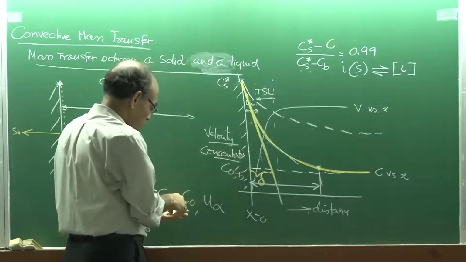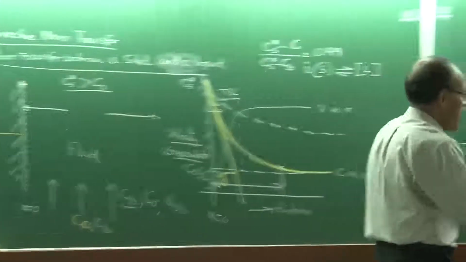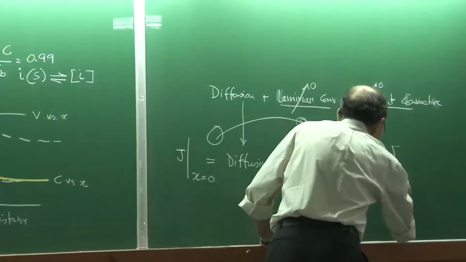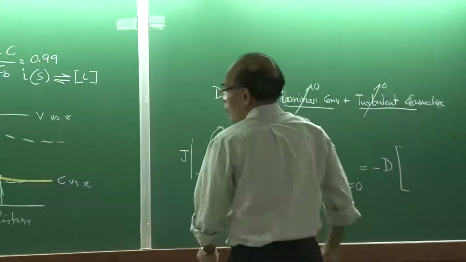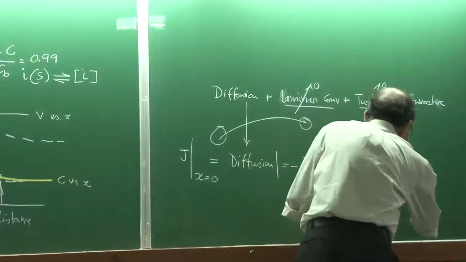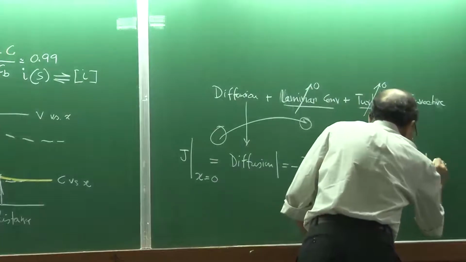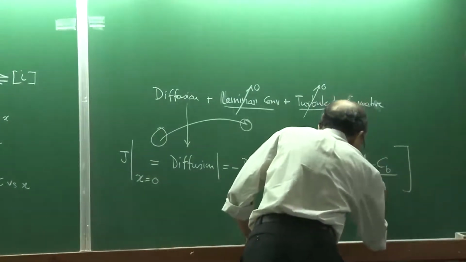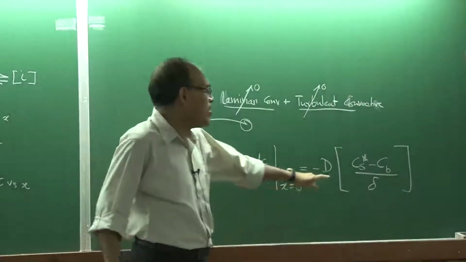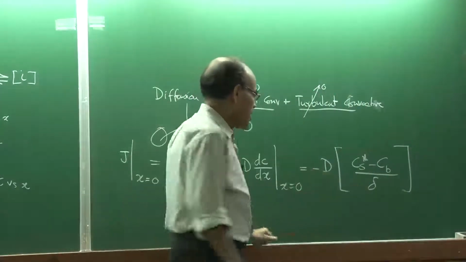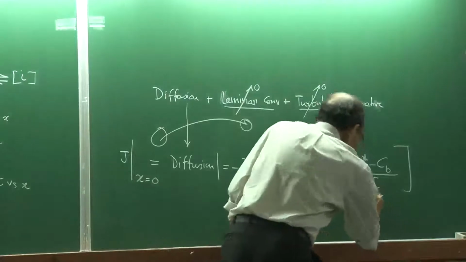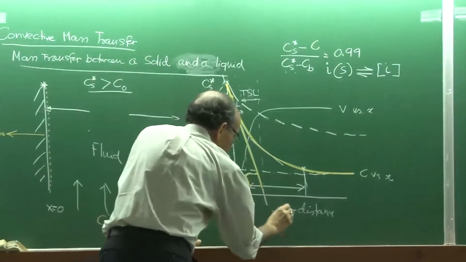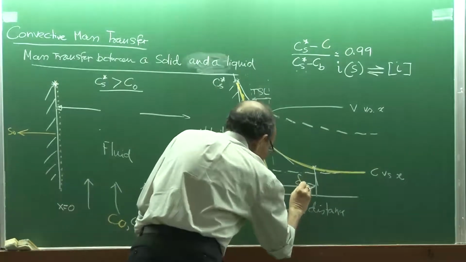So the slope of the line I can approximate, and dC over dx could be given in terms of Cs star minus Cb divided by delta. Because delta C is a term which we represent normally to represent the boundary.